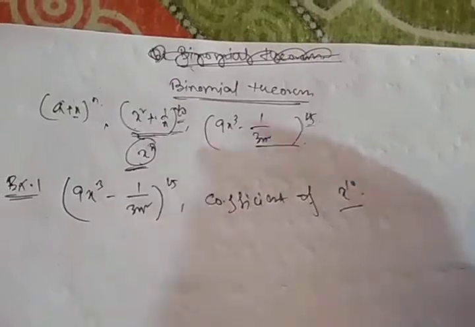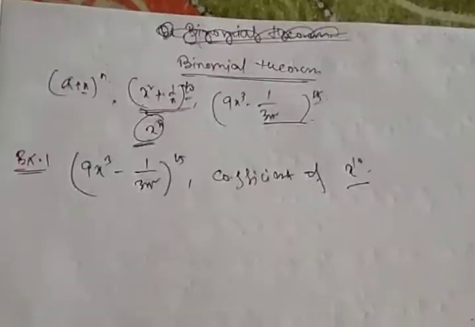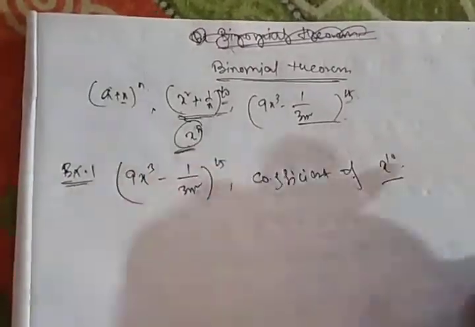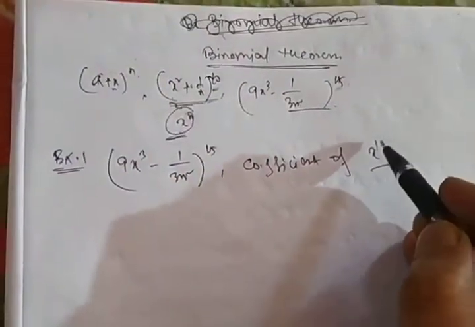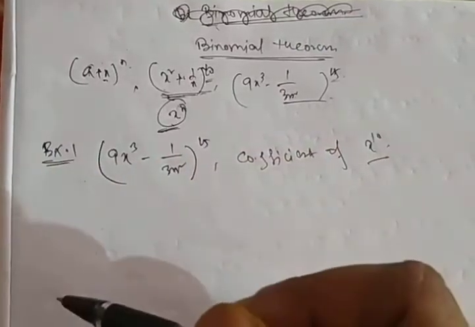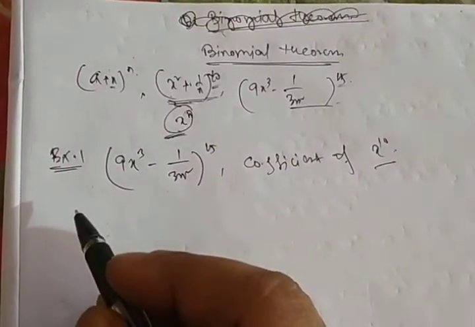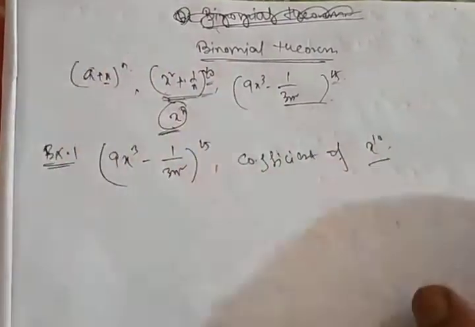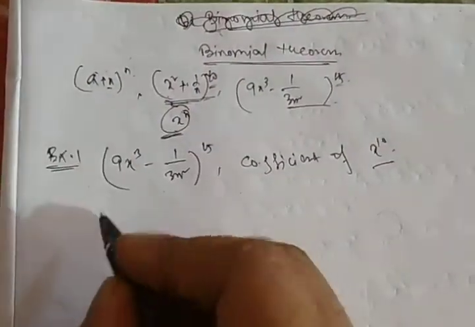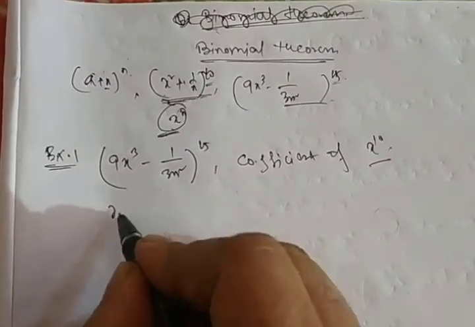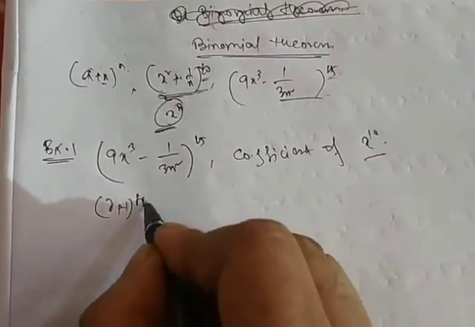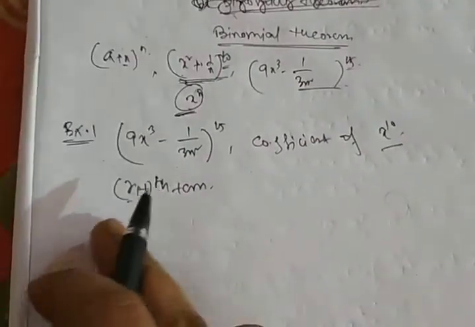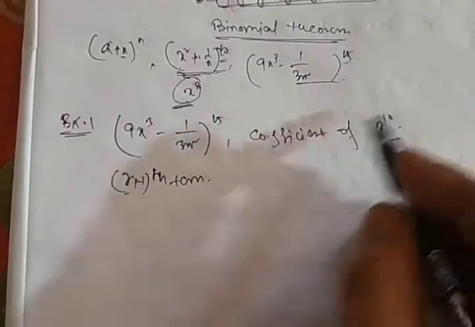Let's say it may exist or not. So we don't know which term contains x to the power 10, right? So we will assume that some term contains x to the power 10. That term be the r plus 1th term.